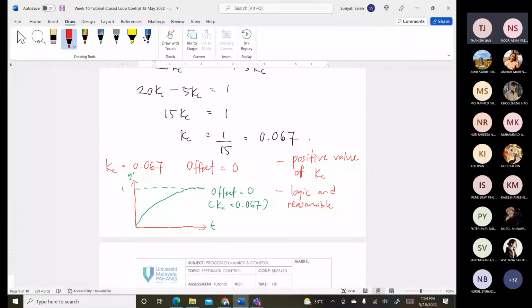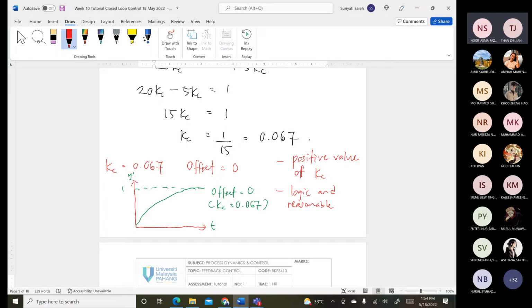If you get, let's say for some cases, Kc negative, Kc negative 1 for example, then you cannot use that value because normally the proportional gain value must be positive. It cannot be 0, it cannot be negative. If you put Kc equal to 0, that means no controller. There will be no controller if you put Kc equal to 0. But if your Kc is negative, it will give a negative effect.